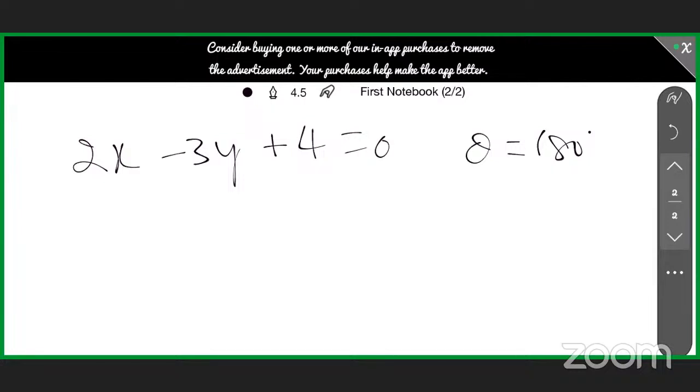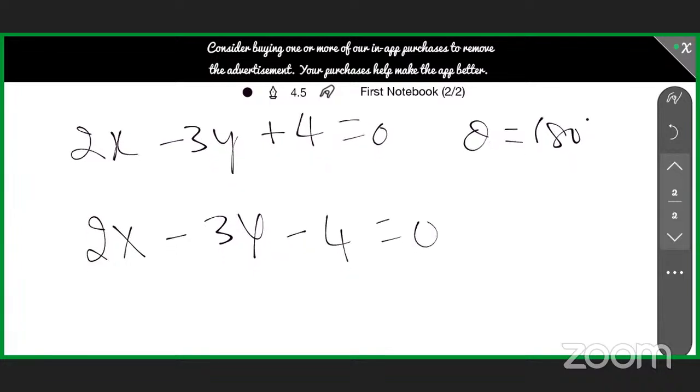What you told is correct. Should make x positive: 2x minus 3y minus 4 is equal to 0, because always the coefficient of x in our equation should be positive.